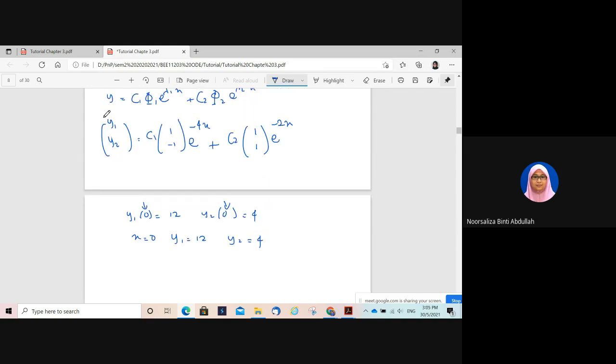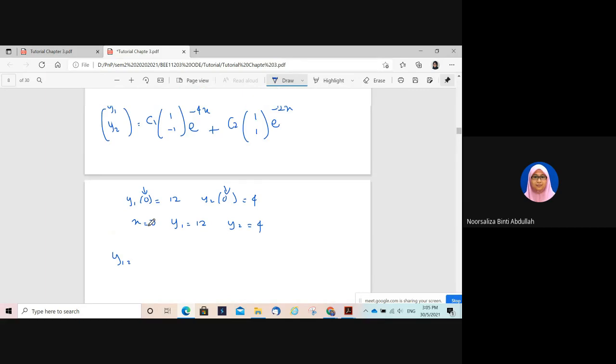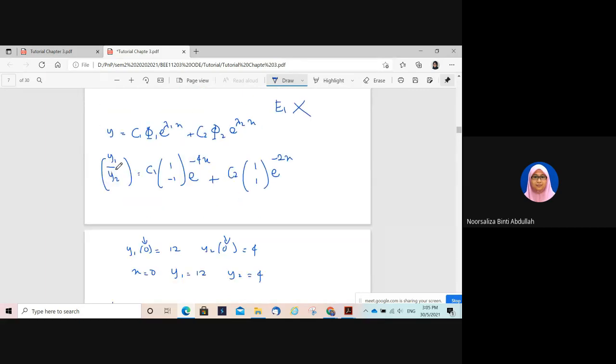So kita tengok, first equation is y1. So y1 equals to c1, 1, exponent minus 4x, plus c2, 1, exponent minus 2x.